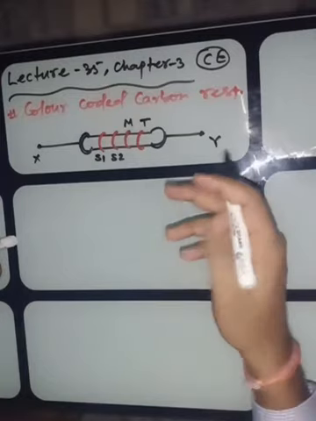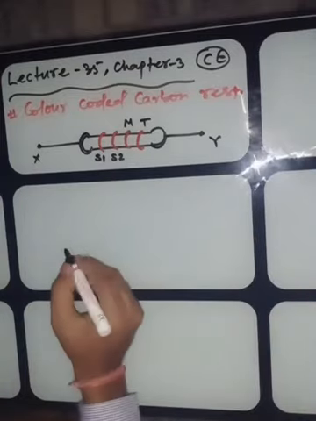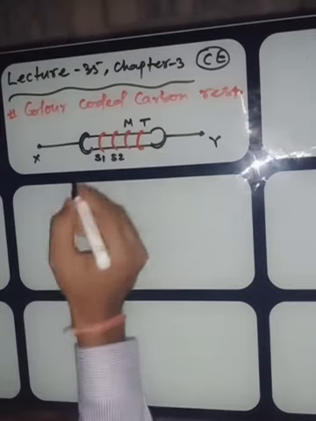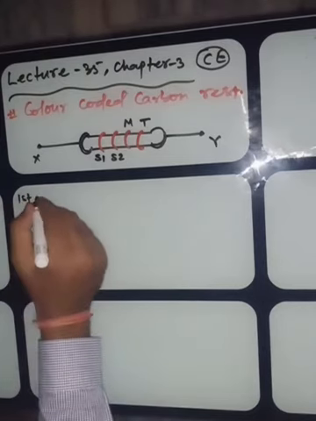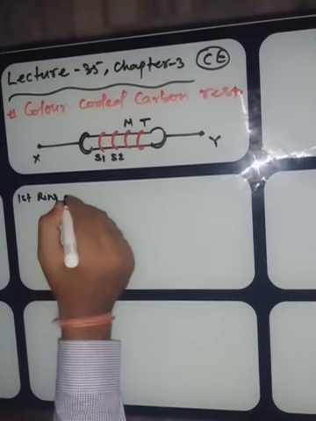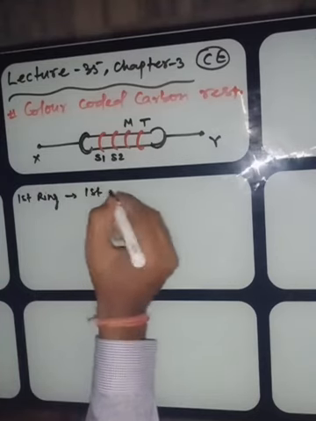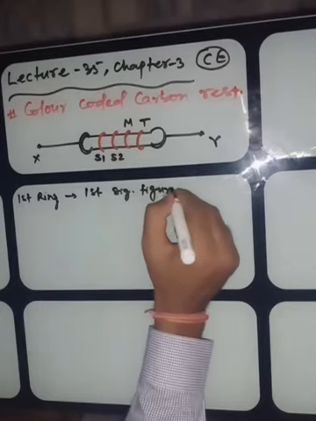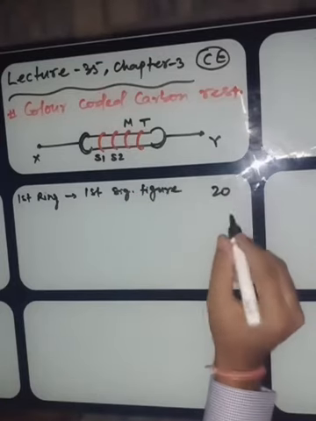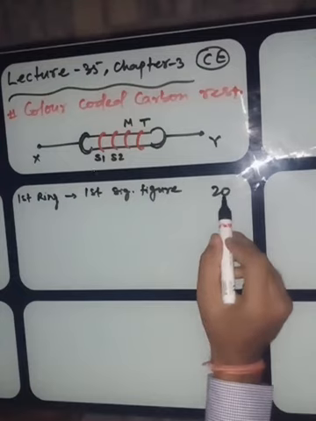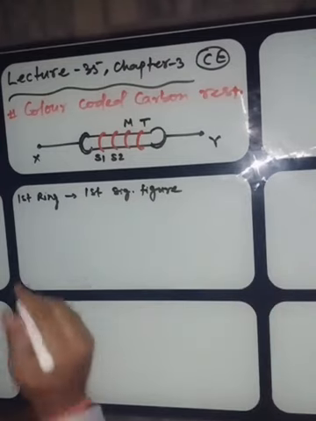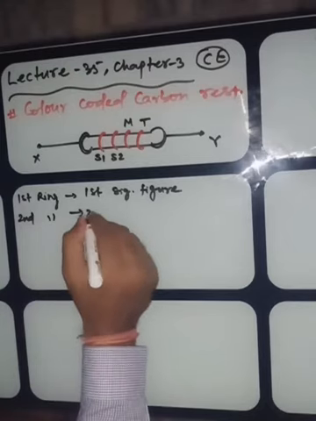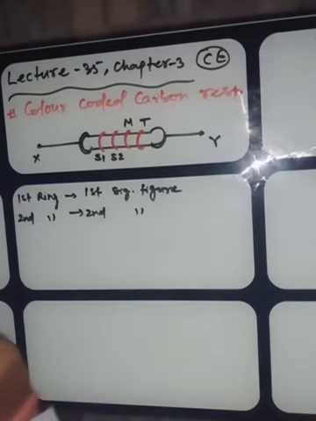Now what does it mean, the 4 rings? The first ring gives you the first significant figure. What does it mean, sir? If you are writing 20, then the first significant figure will be 2 and the second will be 0. The second ring gives you the second significant figure.